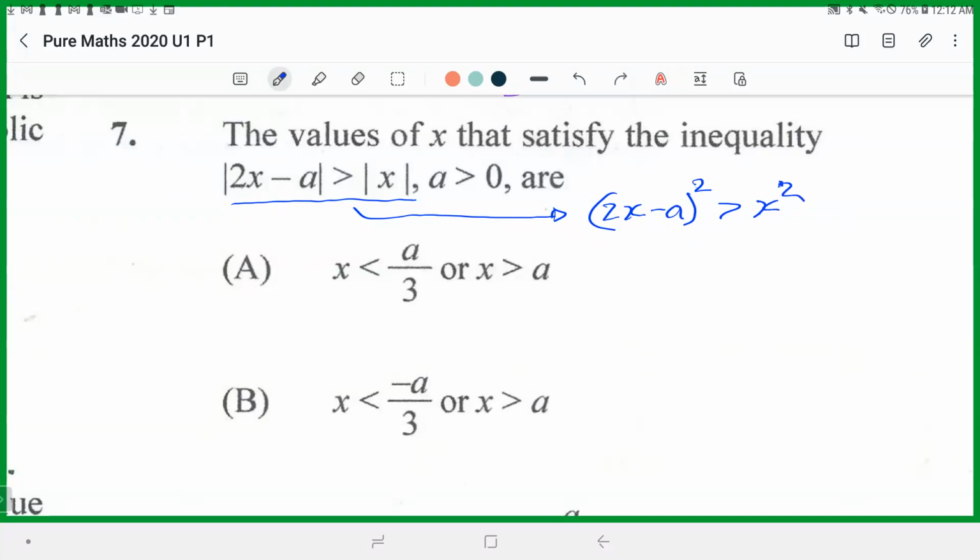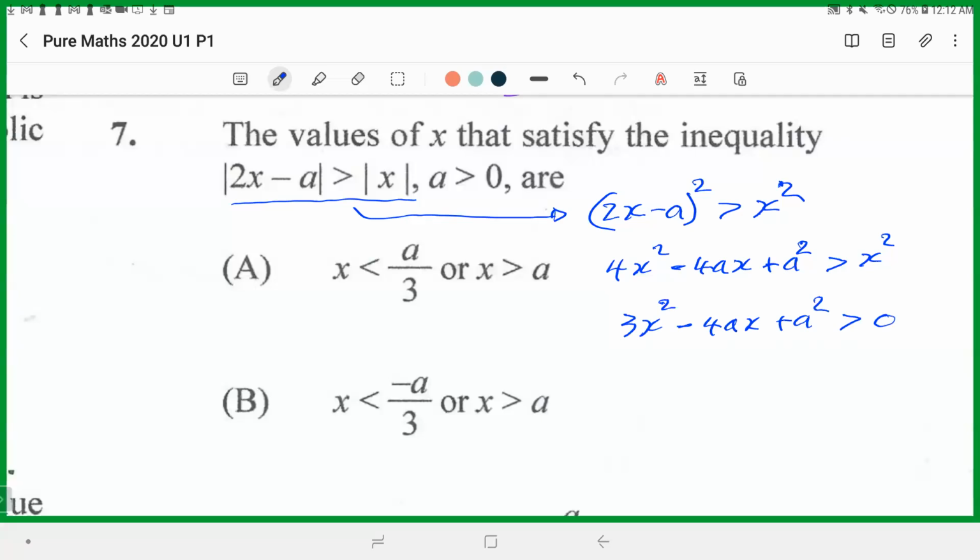We expand this side and get 4x squared plus the product of the two, which gives minus 4ax plus a squared, and that is greater than x squared. Transposing over, I get 3x squared minus 4ax plus a squared greater than 0.